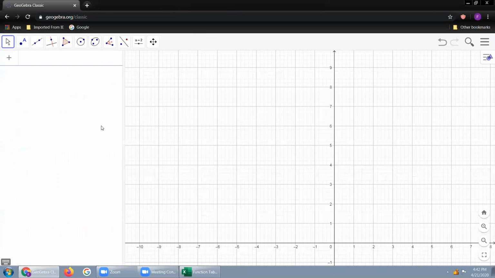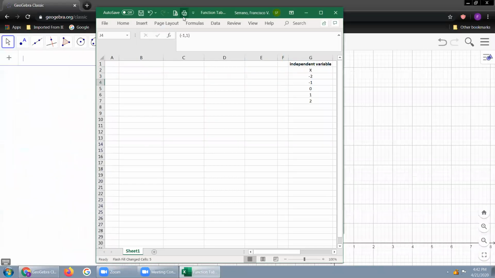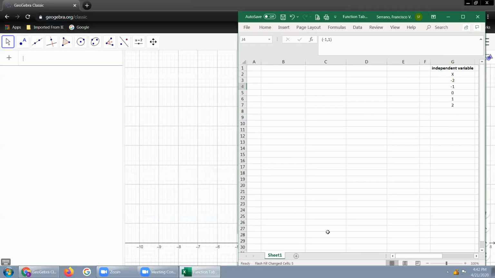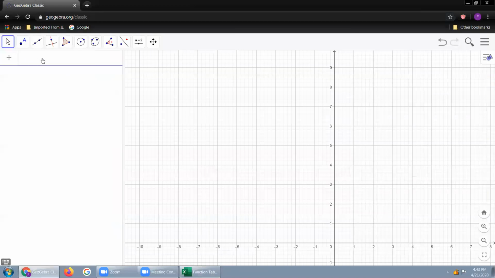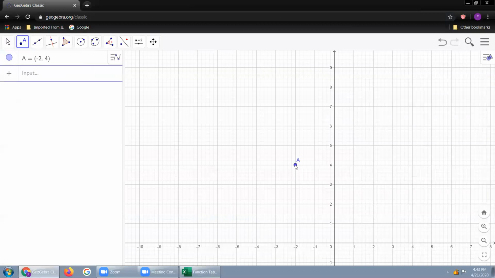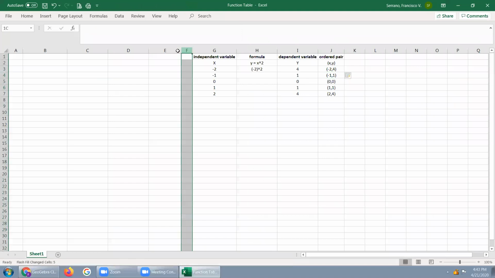So we're going to do the points from the table. You can look at your notes. So the first point is negative 2 and 4. We're going to plot that point at negative 2 and 4. All right. The next point from your table.